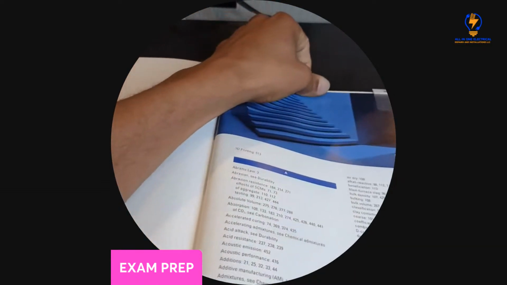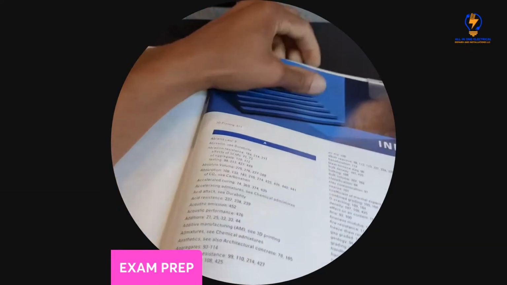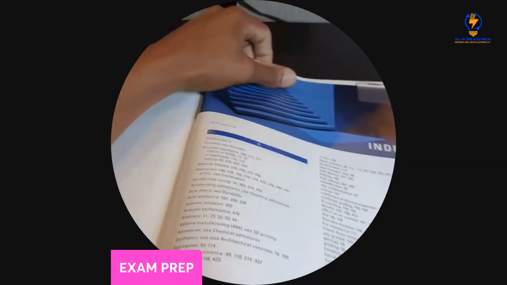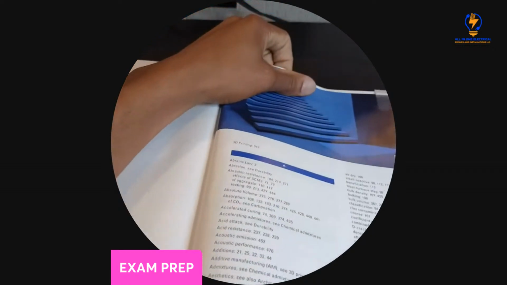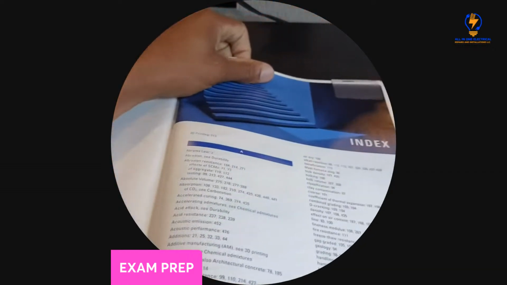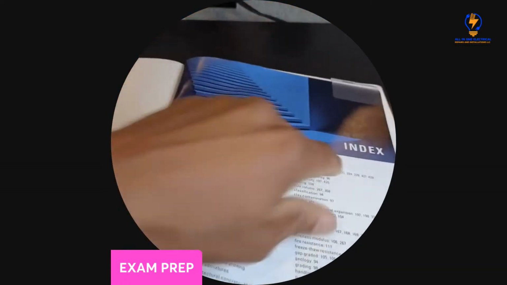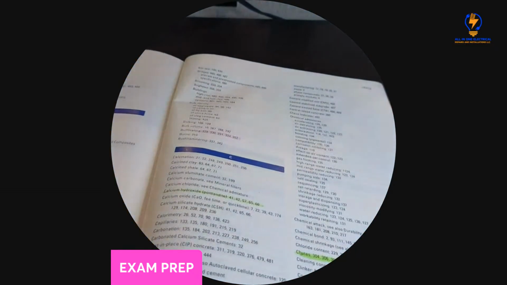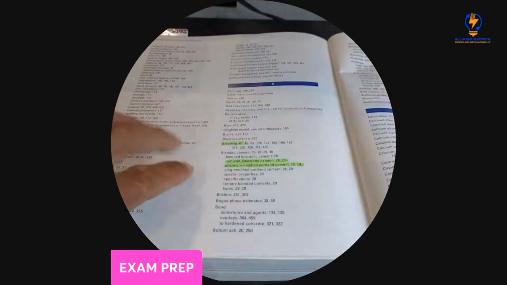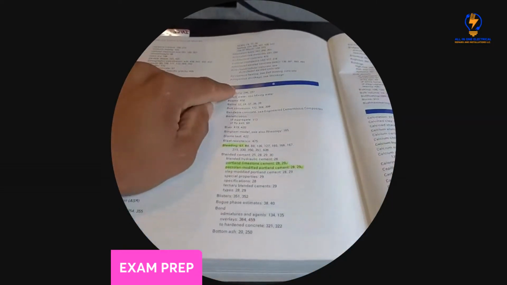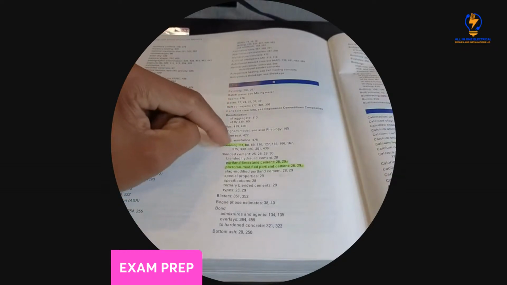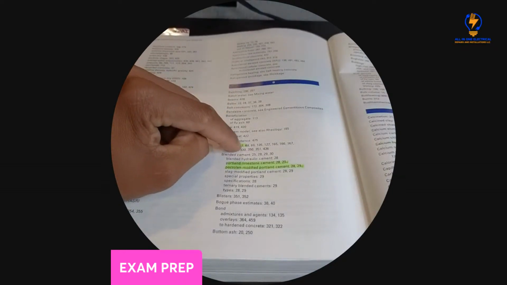This is the index. Let me see. I don't have much space, but this is the index you can see here. Under B, I highlighted bleeding, which is page 67.